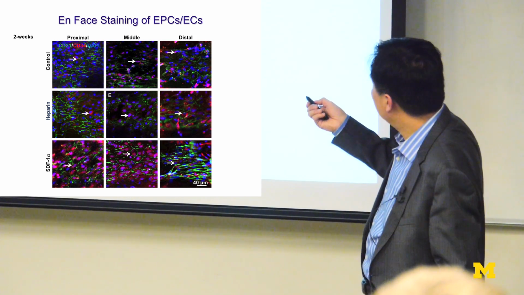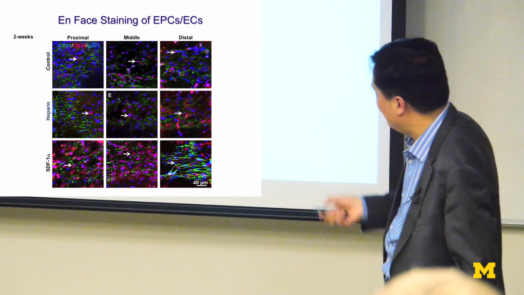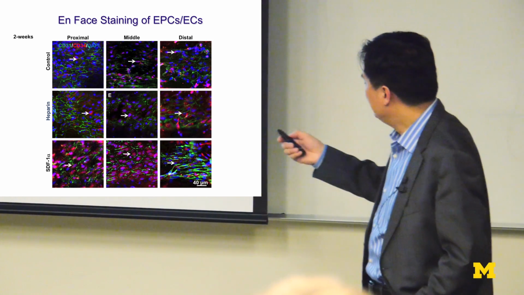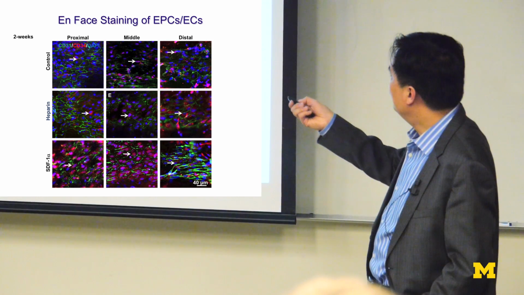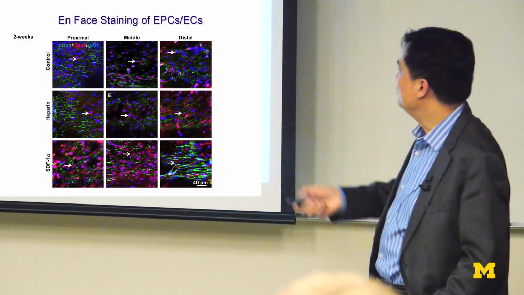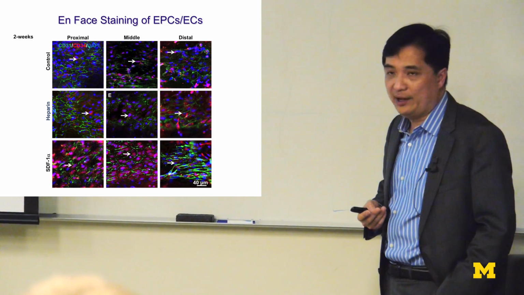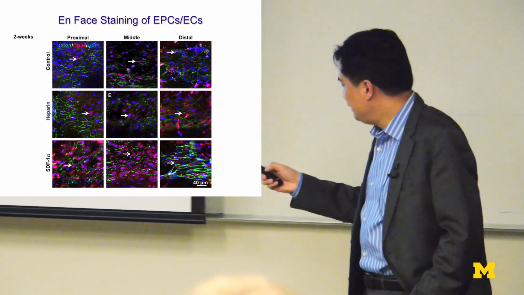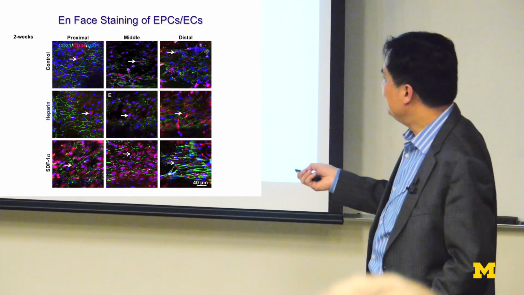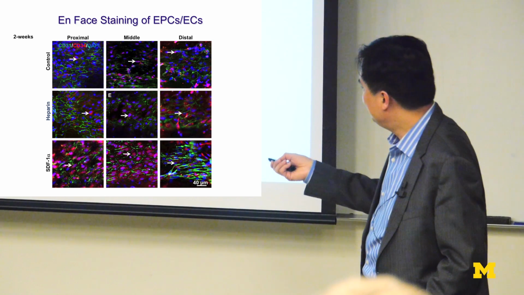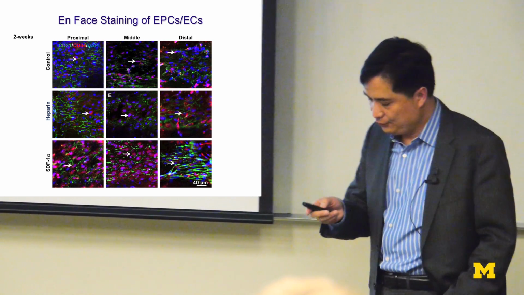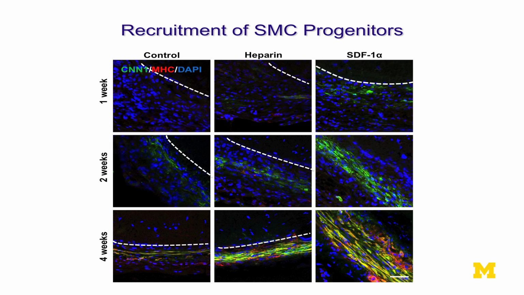For the control graft and the heparin-coated grafts, you only have partial coverage of the luminal surface. This could explain why SDF1 immobilization could enhance the patency, because you have acceleration of endothelial cell coverage.